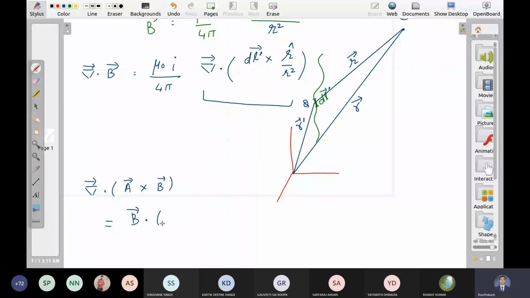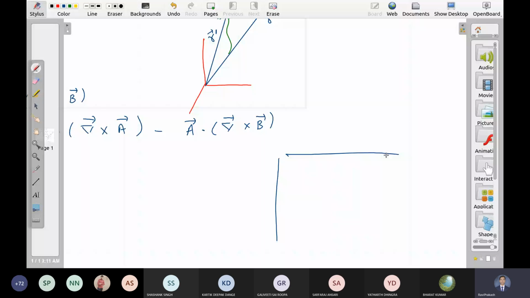Minus A dot del cross B. See, let me give you some very basic examples. Del is an operator, right? A is a vector. What is del cross A?